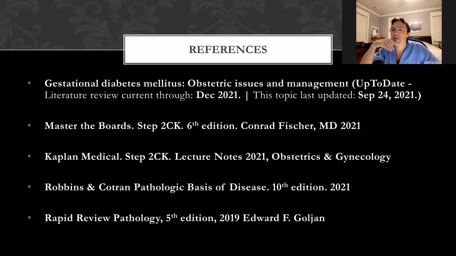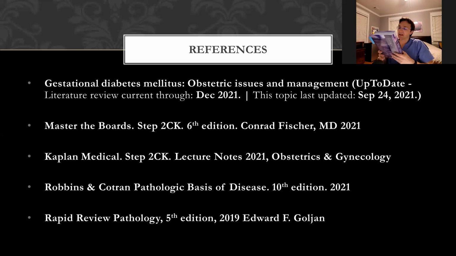We also used Kaplan Medical. They have some pretty nice deep bits of obstetrics and gynecology, just like a brief overview. And Robbins and Cotran is huge. All right. Robbins and Cotran, Pathologic Basis of Disease, 10th edition. Great book.